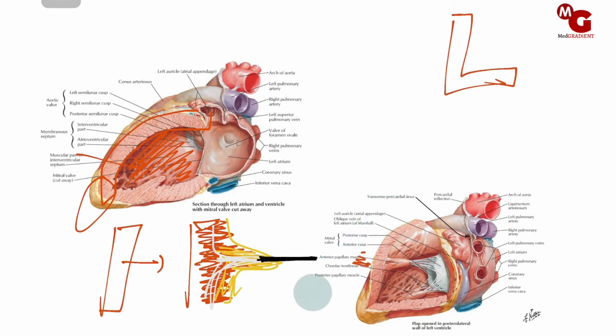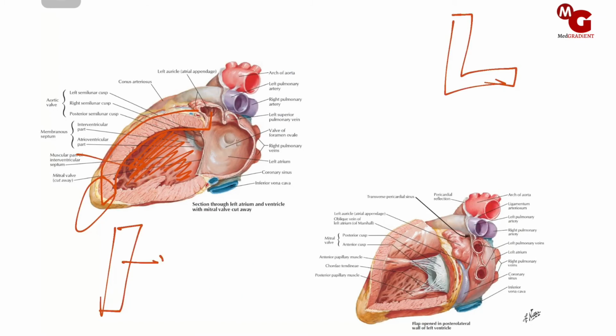I think you understand, right? So we see that thing over here. We have the muscle. This muscle has a protrusion, and it's called the trabeculae carneae. Now this trabeculae carneae has these fibers, and these are the chordae tendineae, right? Now as I told you, this part is the mitral valve.